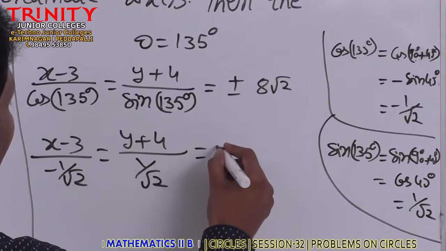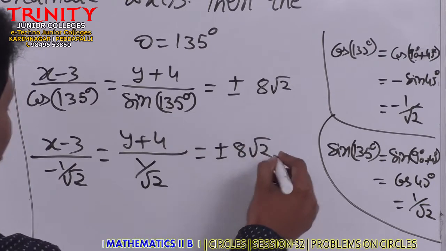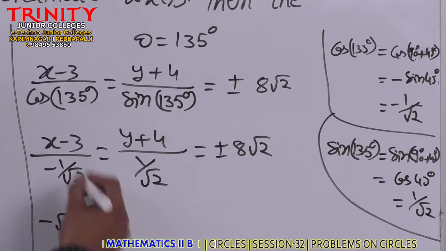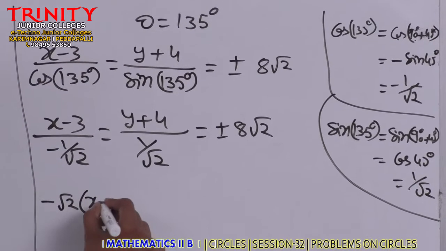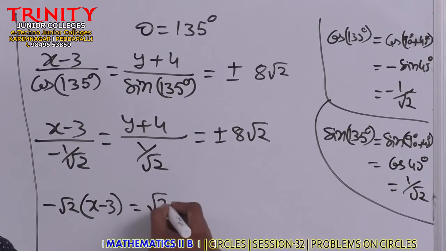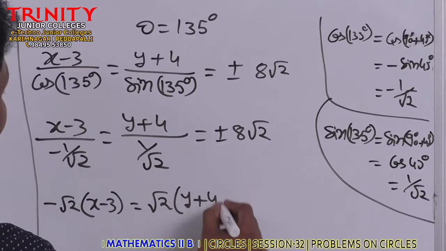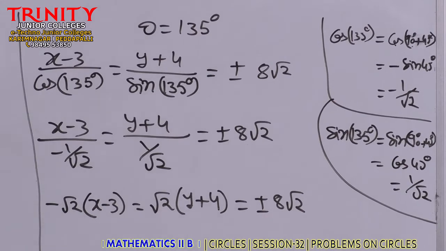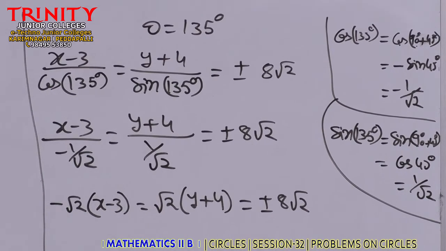That equals plus or minus 8 root 2. The minus is taken on top: minus root 2 into (x - 3) equals root 2 into (y + 4) equals plus or minus 8 root 2.